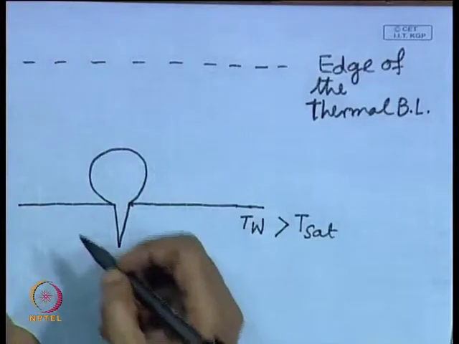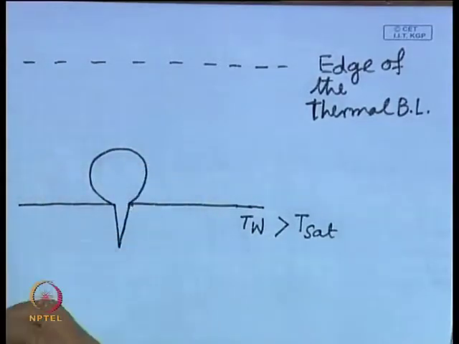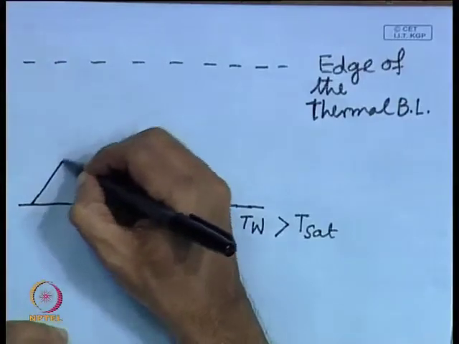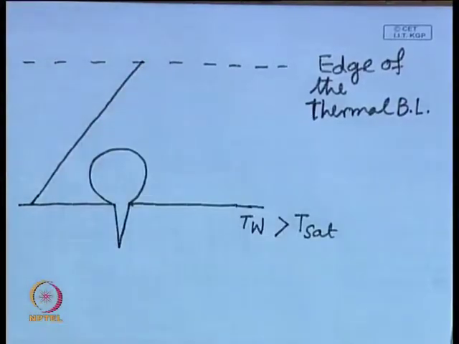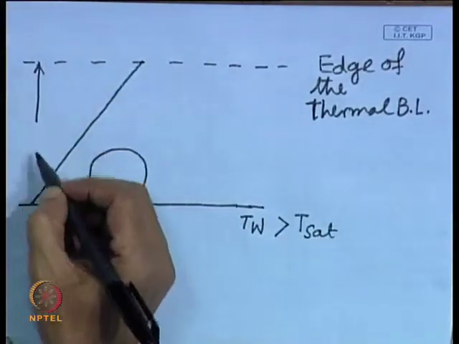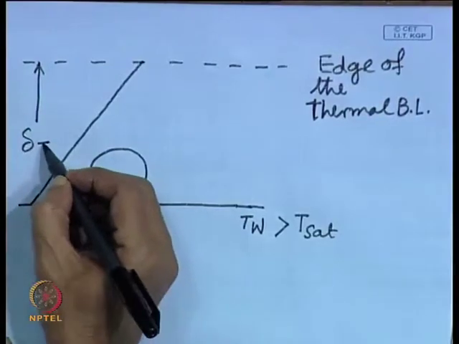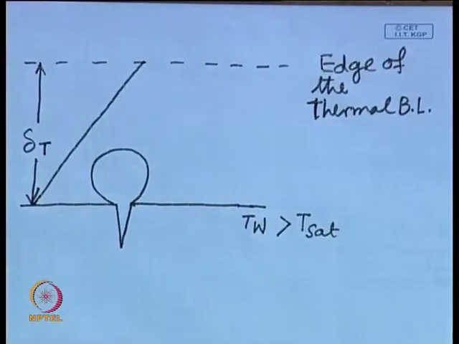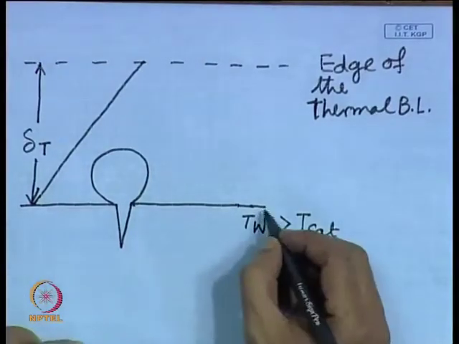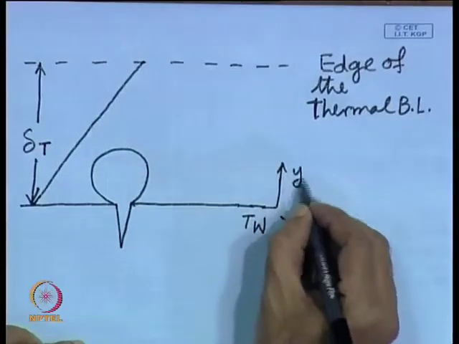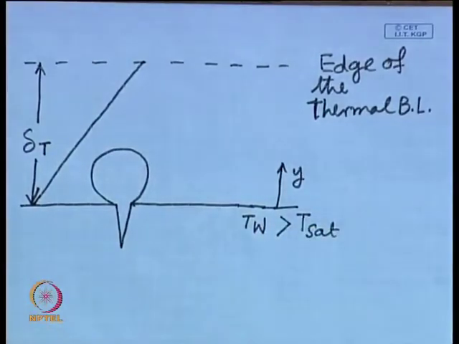And again, to keep things simple, it has been assumed that the temperature changes linearly here, and this one we can represent by delta T, that is the thickness of the thermal boundary layer. So, basically we have got our y coordinate in this direction.